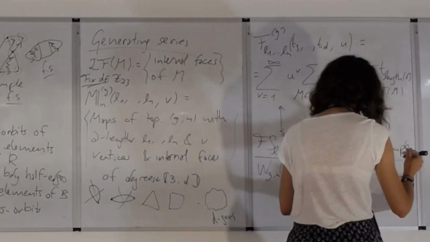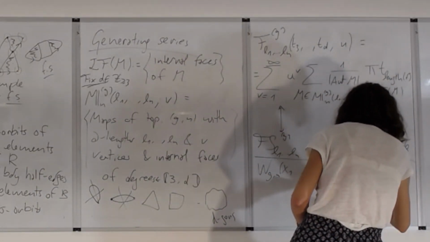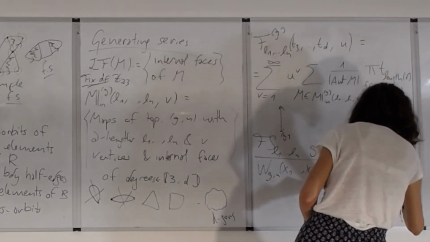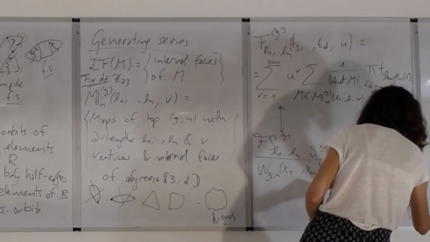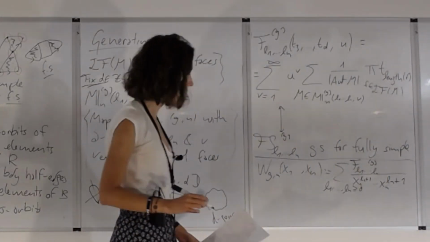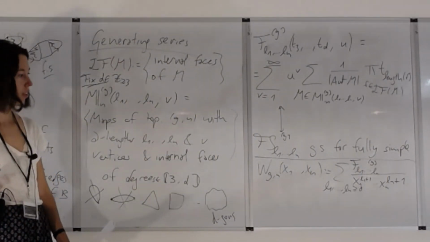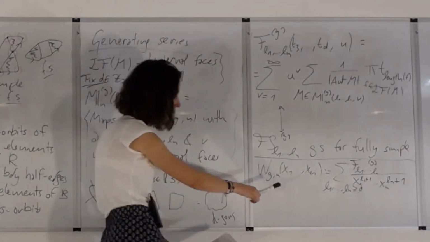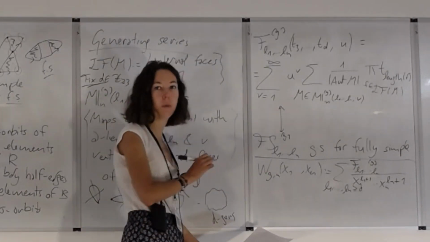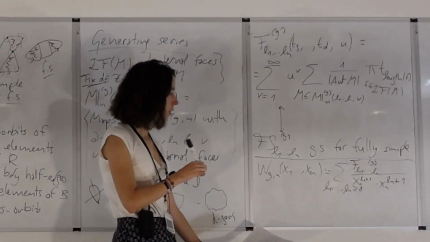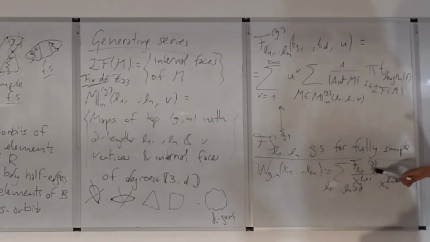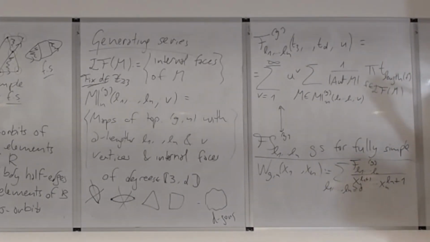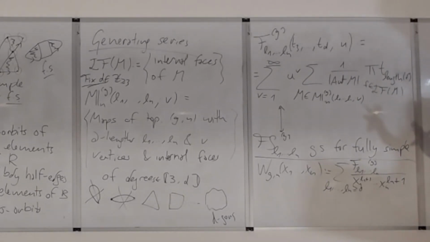They depend on those. And then in the denominator we just put x_1 to the L_1 plus 1, up to x_n to the L_n plus 1. So the x's now keep track of the lengths of the boundary faces. So now we are summing over all possible lengths for boundary faces, taking our generating series with these fixed lengths and adding some variables that keep track of these lengths. This is what we are doing.